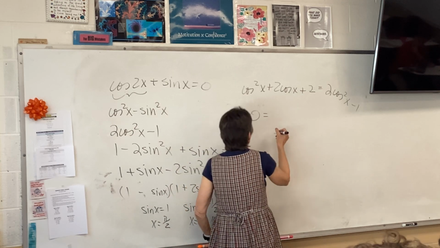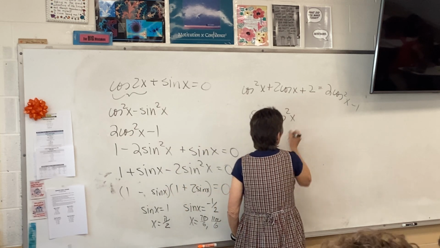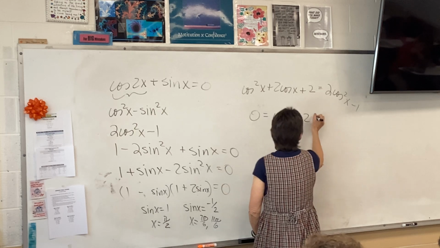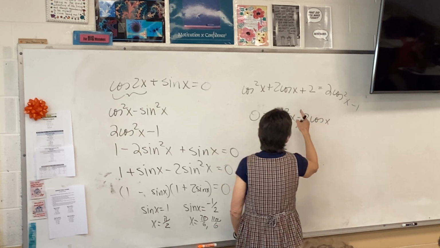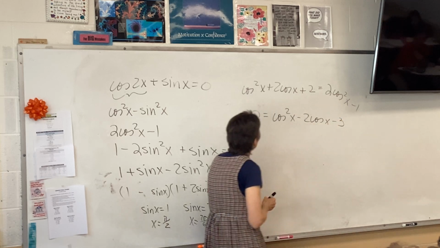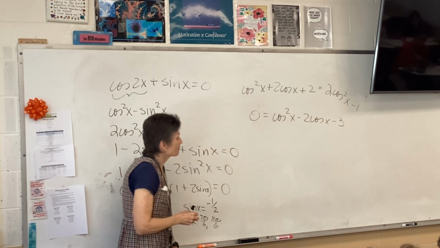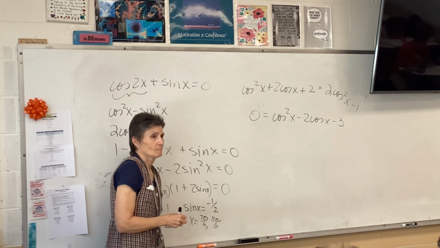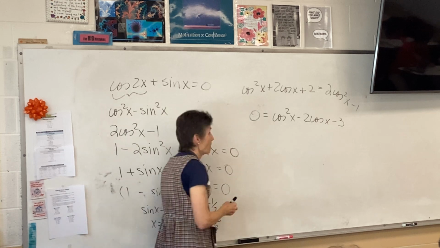So let's get this quadratic cleaned up. So I'm gonna have cosine squared minus 2 cosine minus 3. Did I do that right? Now I can factor.